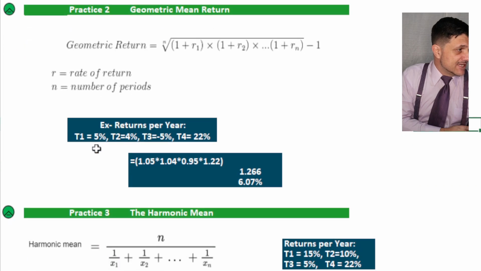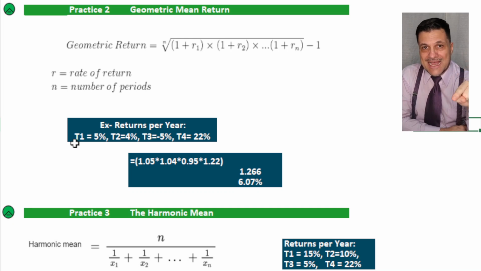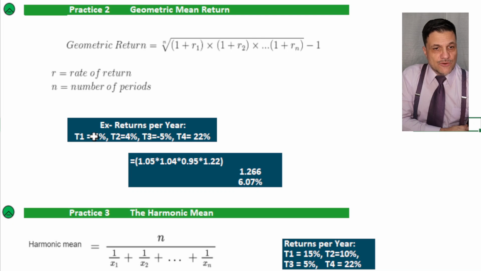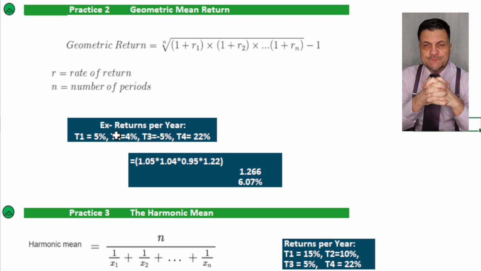The geometric mean return is very intuitive as well. Now it's per time period. That's why, pay attention, the time-weighted return is the geometric average return. You can memorize it that way. So how do you do it? Most likely it will be returns on your exam, and returns are decimal numbers.